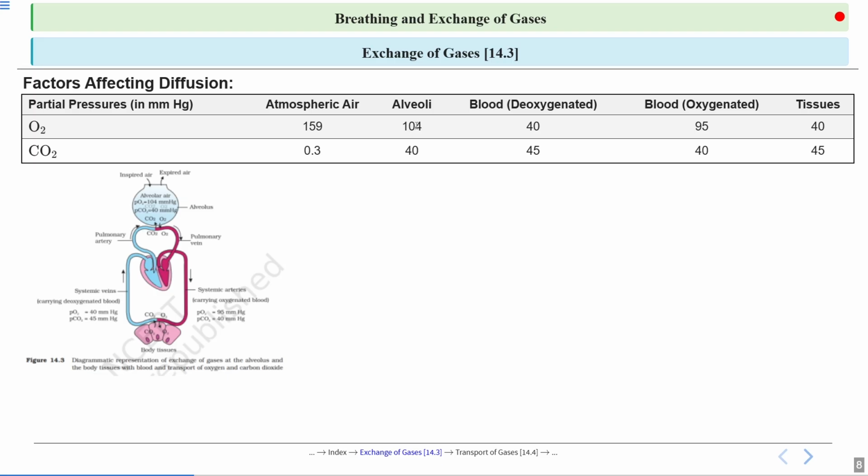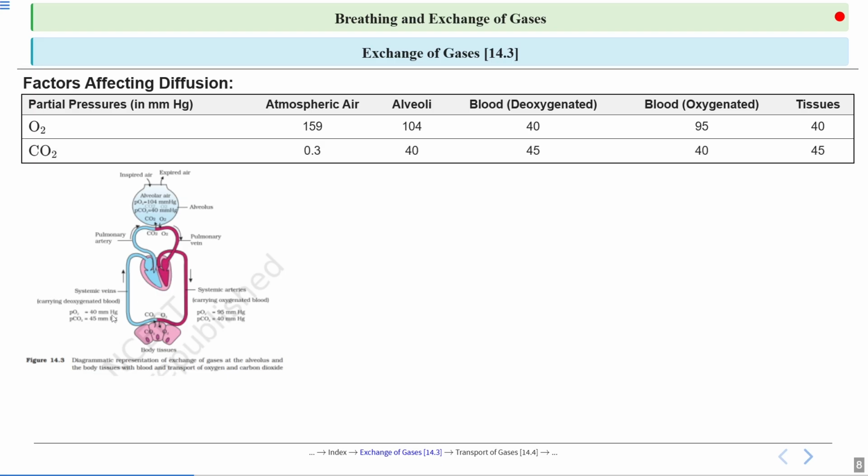So oxygen will move from alveoli to the blood. Clear? And you can see the deoxygenated blood is having 45 partial pressure and alveoli is having carbon dioxide of 40. So again carbon dioxide moves from higher to lower concentration or pressure gradient.